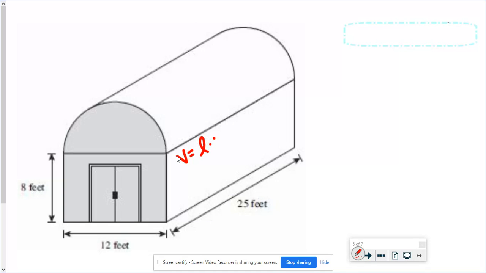That's going to be length times width times height. So I'm going to have 12 by 8 by 25. So that will be 12 times 8 times 25 is going to be 2,400 cubic feet.